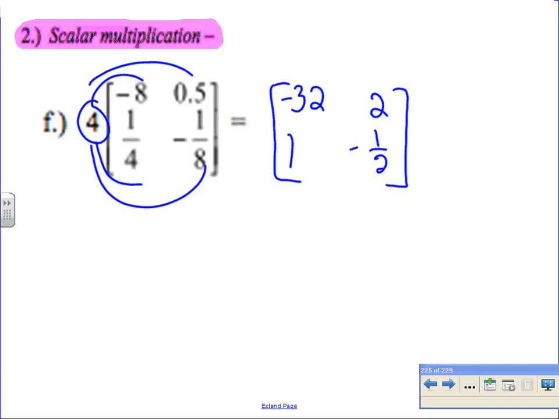Negative half or negative 0.5, either way. Annalise? When we did keep, change, flip, do you want me to remind you how to do that? 4 times negative 1/8, you multiply across the top, across the bottom. So it's really 4 over 1 times, and then multiply across the top, across the bottom, and then simplify.